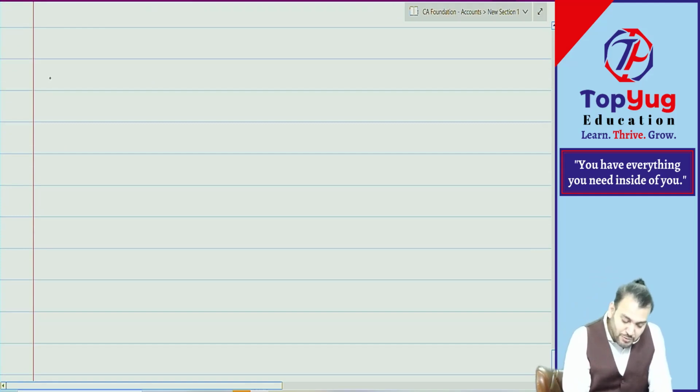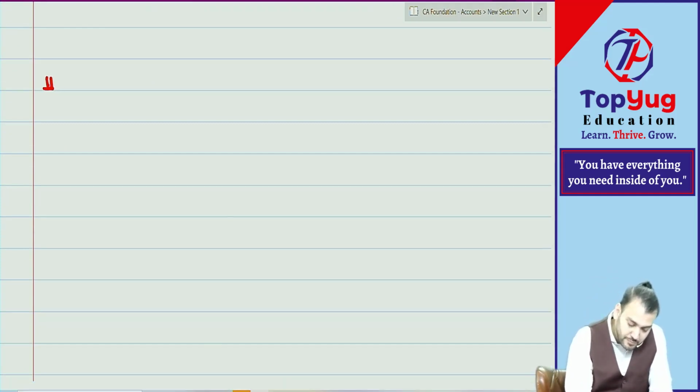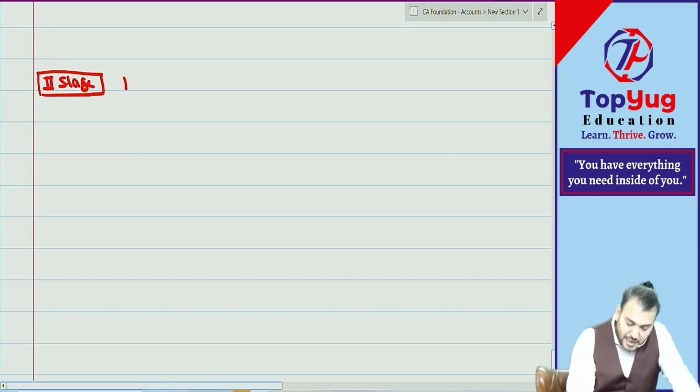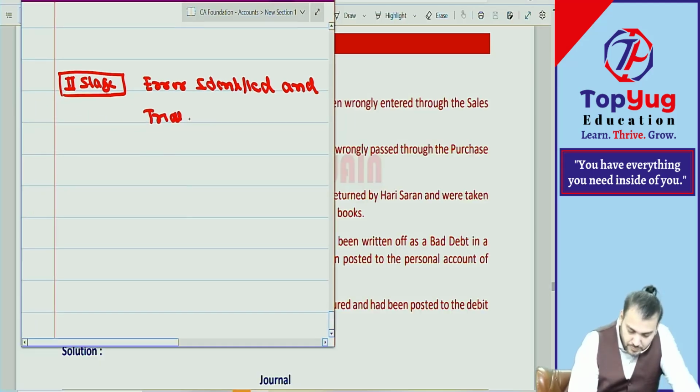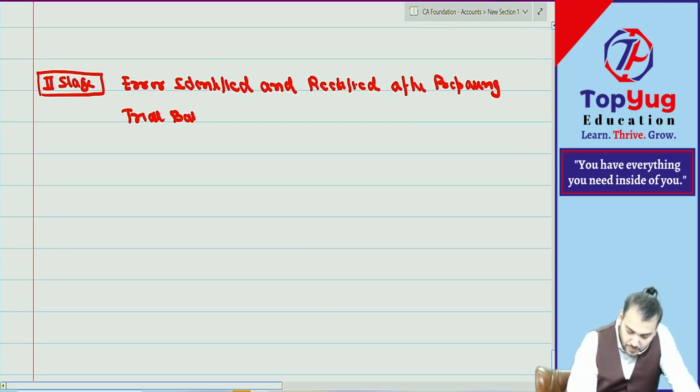Now come to the second stage. Second stage means what? Errors identified and rectified after preparing the trial balance.